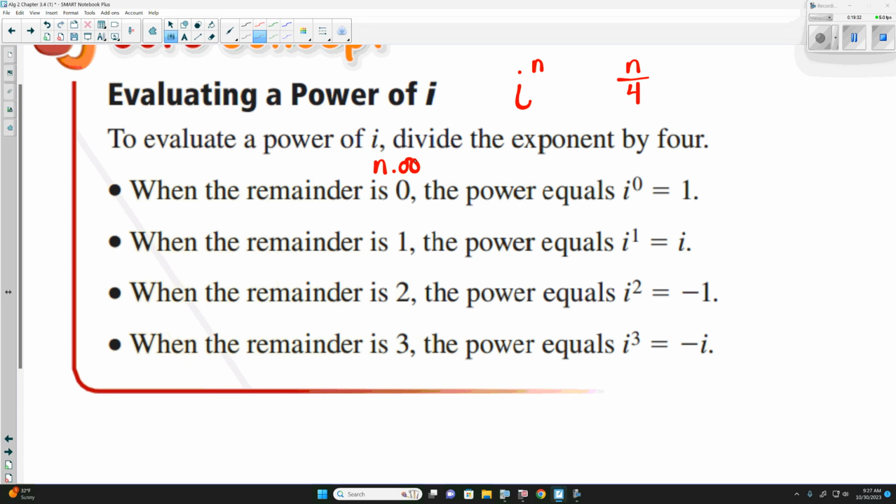It's going to reduce to 1. If we have a number 0.25, that power of I is going to reduce to I itself, because it's the first one in our sequence of 4, yes? Now when the remainder is 2, we have a number 0.50, we get -1. And if we get a number 0.75, we get negative I.